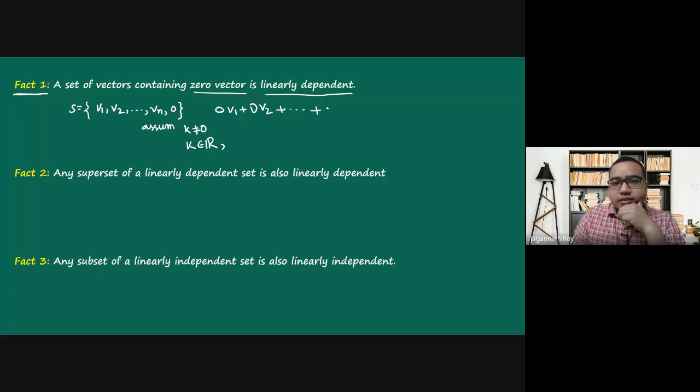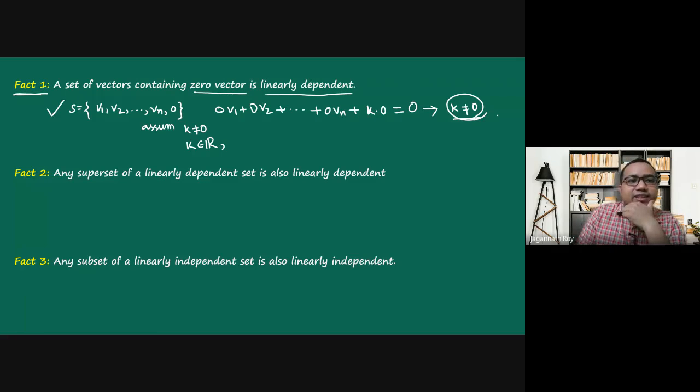From here, at least one k is non-zero. So whenever a set contains the zero vector, S is linearly dependent.